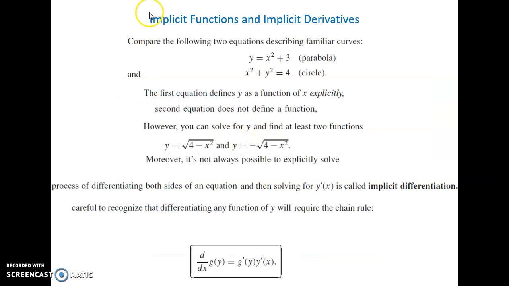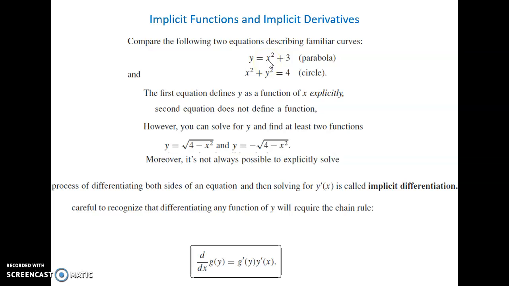Let's start with the implicit function and implicit derivatives. We just see these two equations. y is equal to x squared plus 3, which represents a parabola, and x squared plus y squared equals 4, which represents a circle. In the first equation, y is expressed in terms of x.